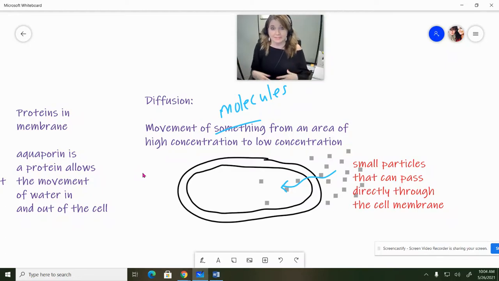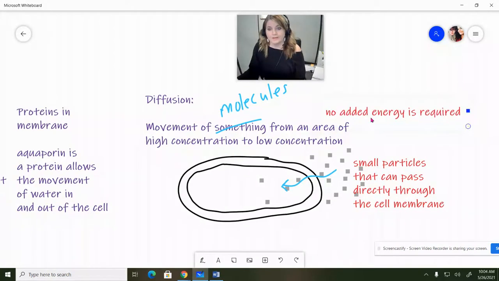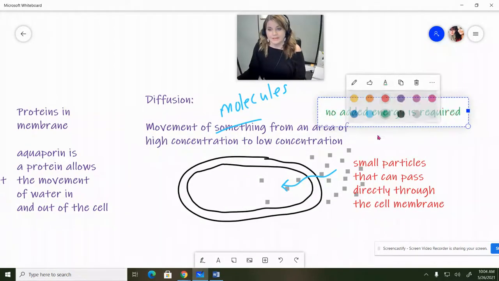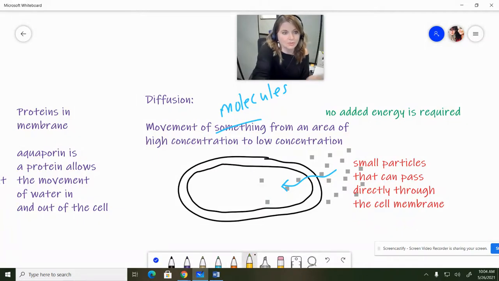This just happens because you already have this state where you have kind of a differential of energy. You've got high concentration outside, low concentration inside, and so the movement occurs to kind of equalize the energy. So no additional energy is required. So that's why we call this a type of passive transport. So this is one type of passive transport because we don't require any additional energy.